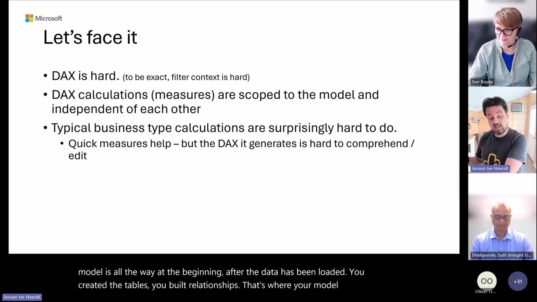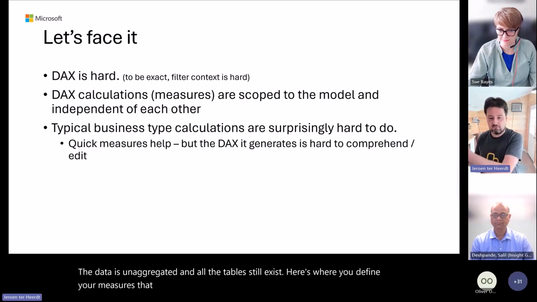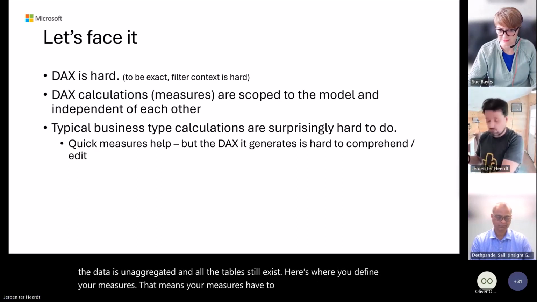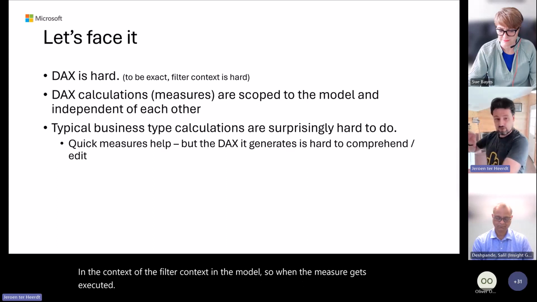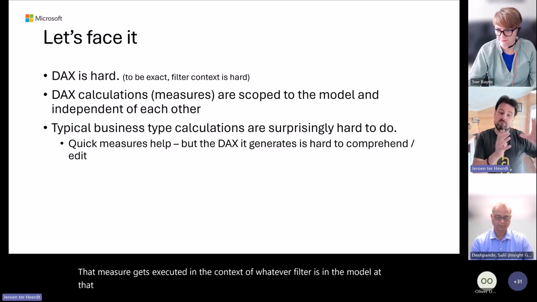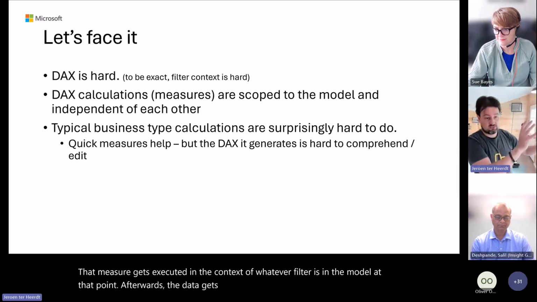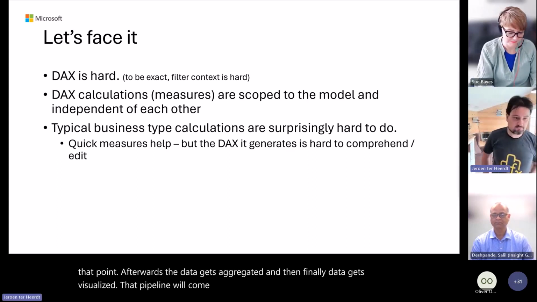Here, the data is unaggregated and all the tables still exist. Here's where you define your measures. That means your measures have to be defined in the context of the filter context in the model. So when the measure gets executed, that measure gets executed in the context of whatever filter is in the model at that point. Afterwards, the data gets aggregated, and then finally data gets visualized. That pipeline will come back in just a couple slides.